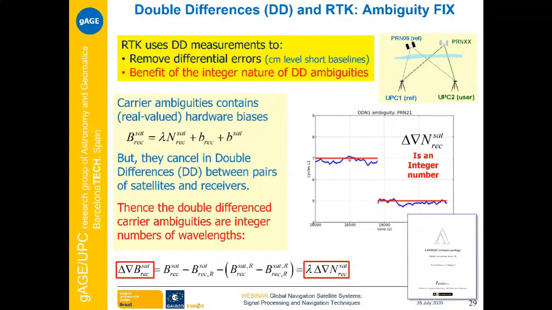Baseline, that is the distance between reference station and user. It depends on the region, because over Europe, we can have baselines up to 20 kilometers, but in Brazil, the baseline is limited to 10 kilometers, and it depends if we have scintillation. If we have scintillation, the situation becomes really, really worse.